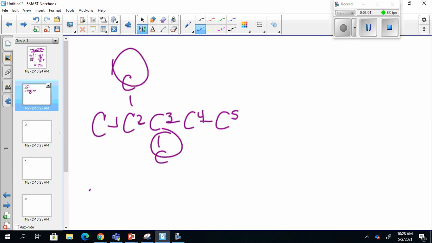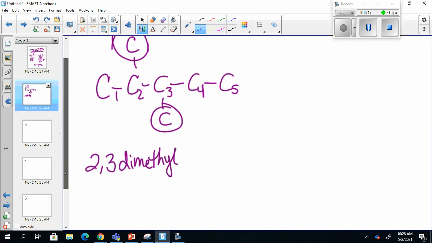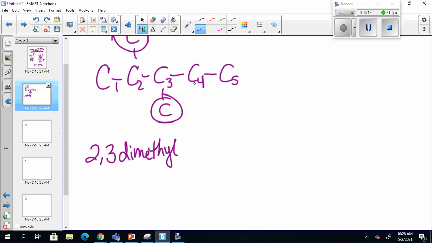So this would be 2,3-dimethyl, because when you have methyls on there twice, you don't have to write it twice, you just write dimethyl. And then it is 1, 2, 3, 4, 5, so that's pentane.